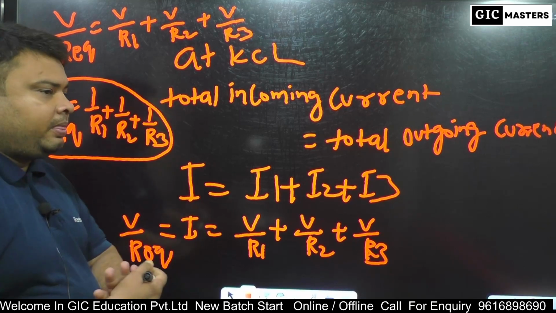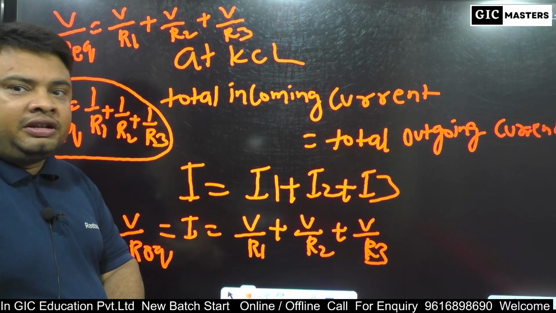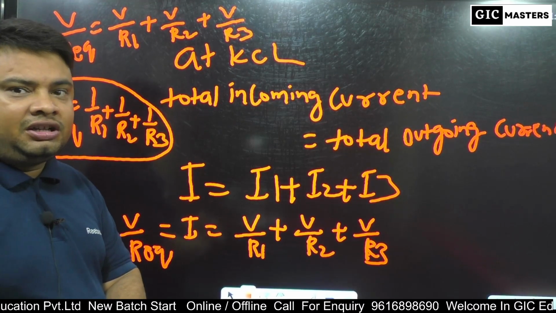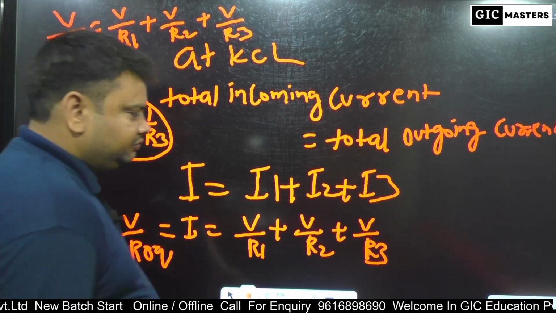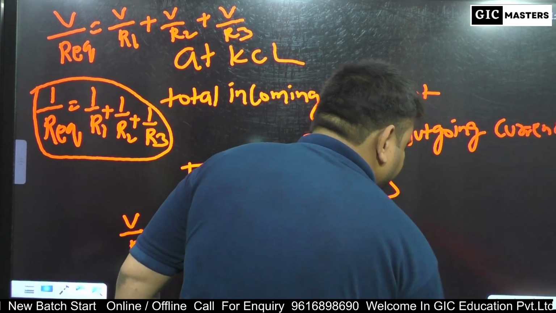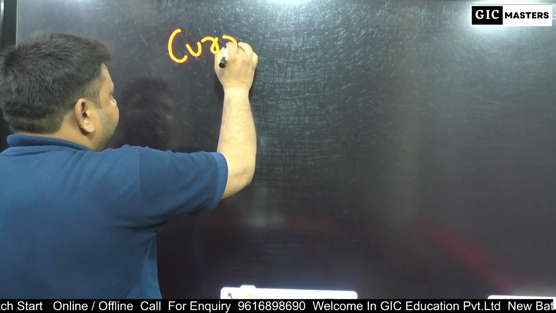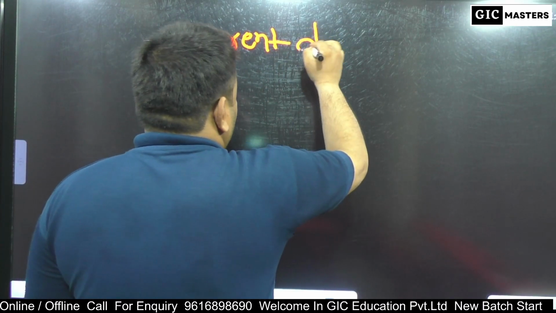In a parallel combination we discuss current division, how to calculate the current for different paths. So we discuss the current division rule in parallel combination.